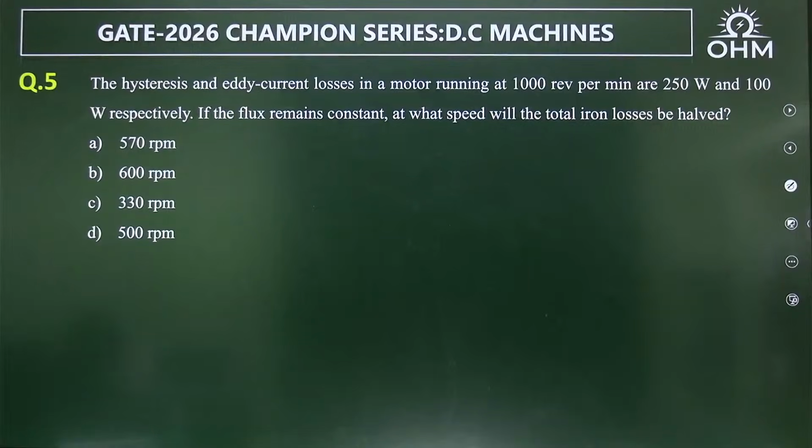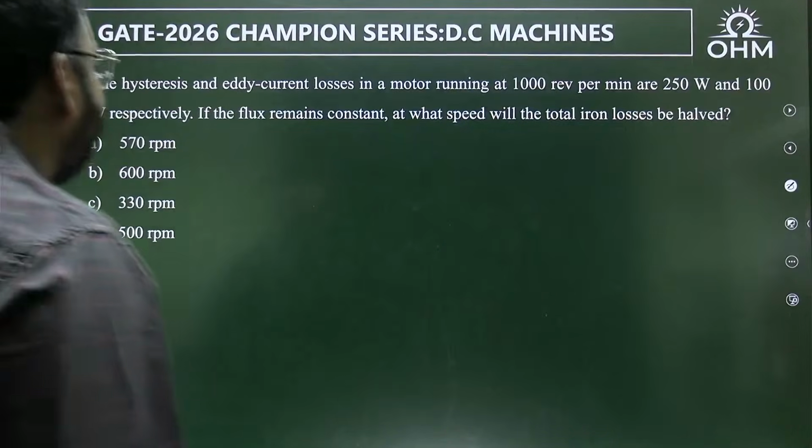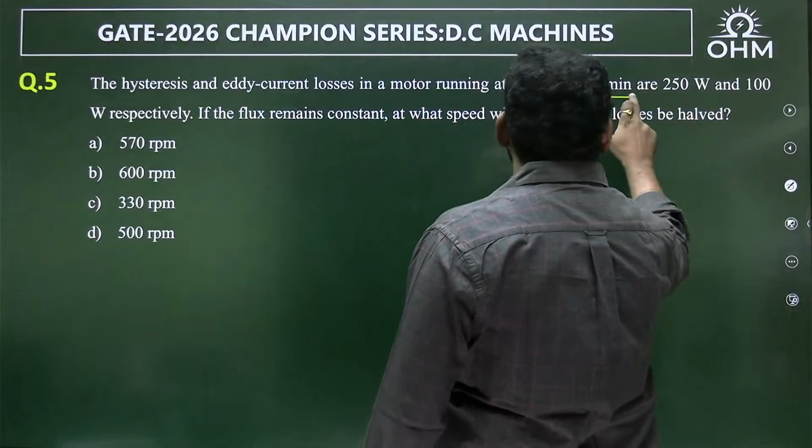First of all, iron losses are a combination of two types, right? One is hysteresis loss, another one is eddy current loss. In the given question, hysteresis loss was 250, eddy current loss was 100 watt. Initially the machine was rotating at 1000 revolutions per minute.